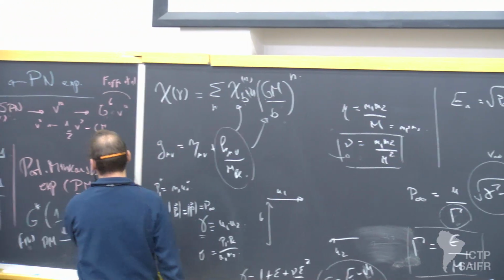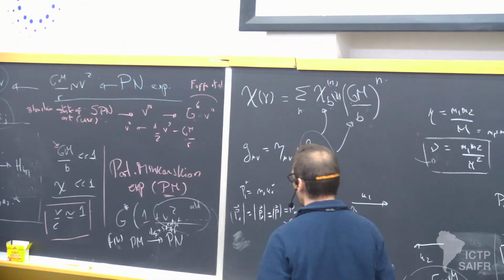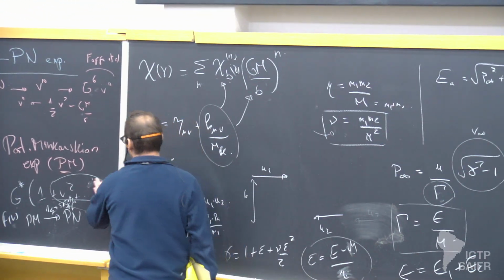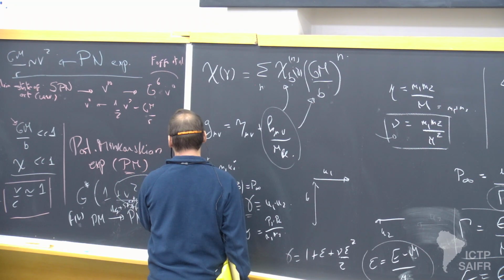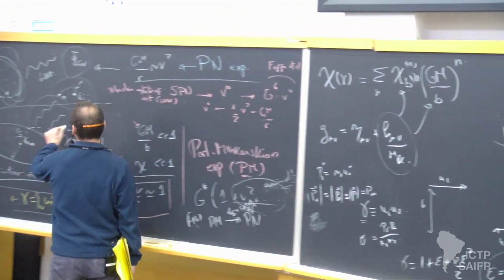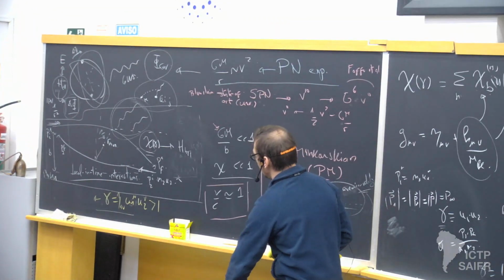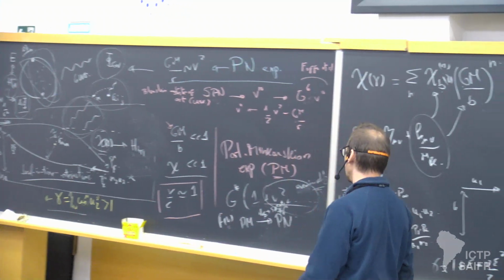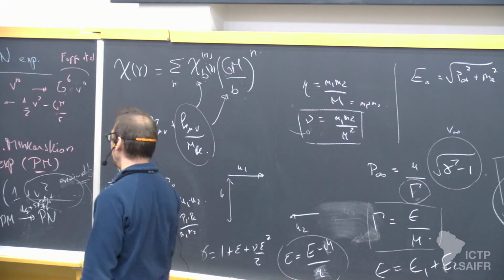Then you can have odd in velocity terms. Yes. But here we're going to have even in velocity. That doesn't mean that I don't include the radiation. I do include the radiation, but I'm going to do only conservative radiation, which I'll tell you what it means. But I'm not allowing myself to lose energy to infinity.